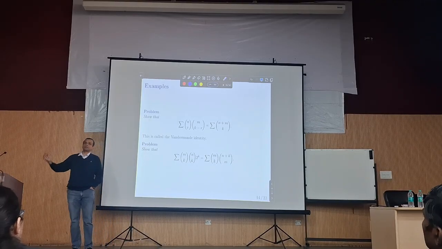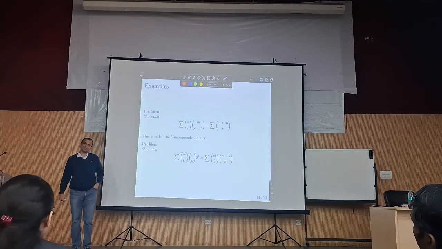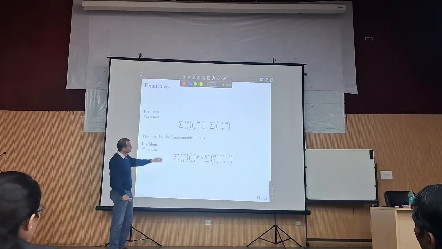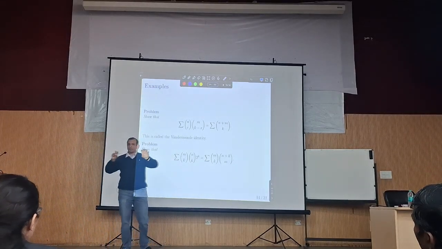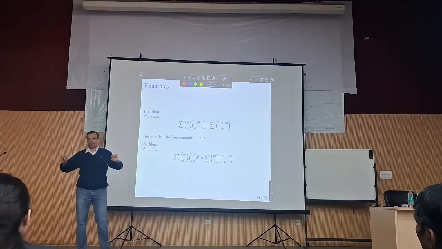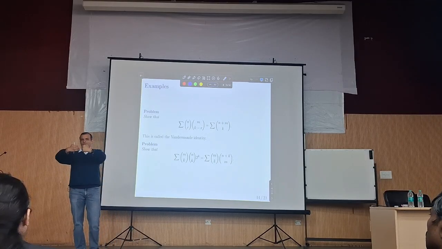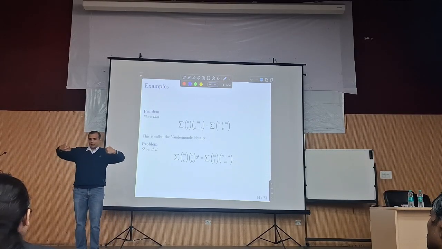But there is a combinatorial proof of this. What it's saying is the following. Let's say I want to choose from n plus m objects, I want to choose k. Now, what this is saying is split this n plus m as n objects and m objects. Now you have a choice, right?